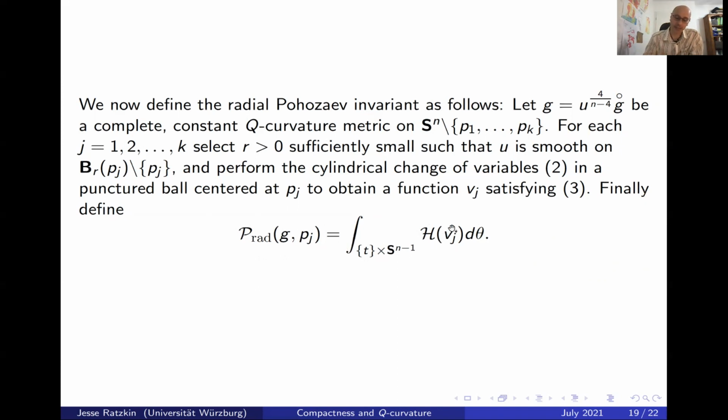And because the integral of this Hamiltonian energy does not depend on t at all, it doesn't matter which t I choose to define this integral, so long as I choose some t such that the integral is well defined.